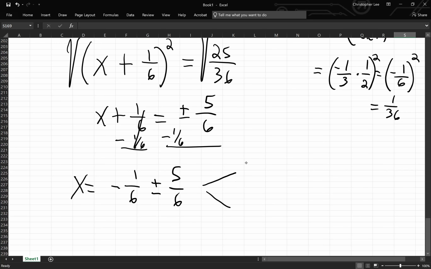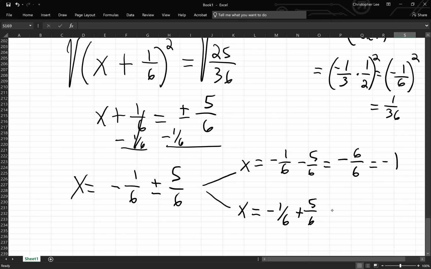So one answer is going to be x equals negative 1 over 6 minus 5 over 6, which will give me a negative 6 over 6. Call that negative 1. Another answer is going to be x is equal to negative 1 over 6 plus 5 over 6. Let's call that 4 over 6. Let's reduce that. That's going to give me a 2 over 3.